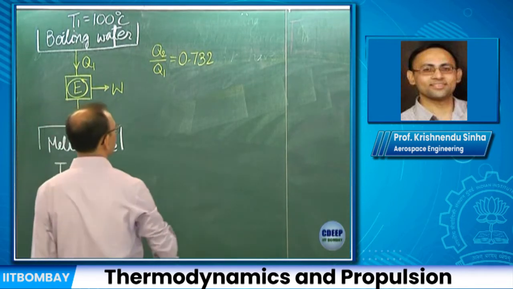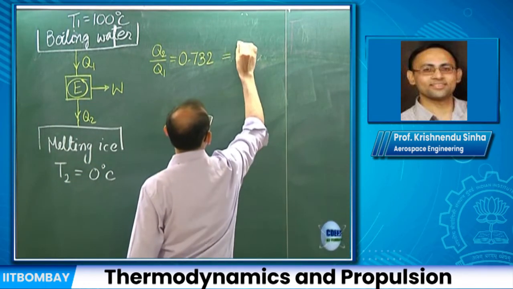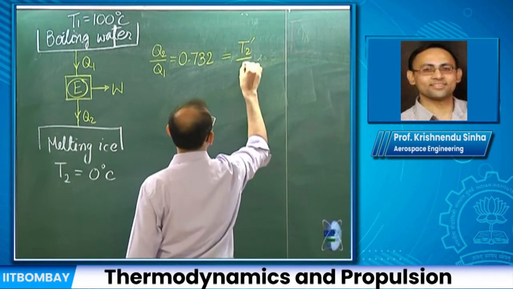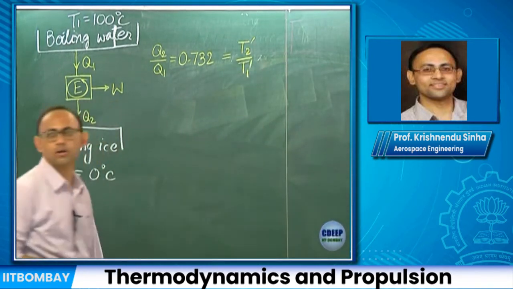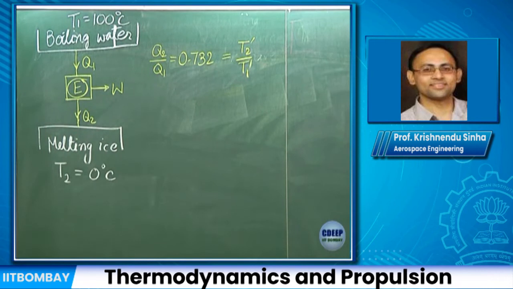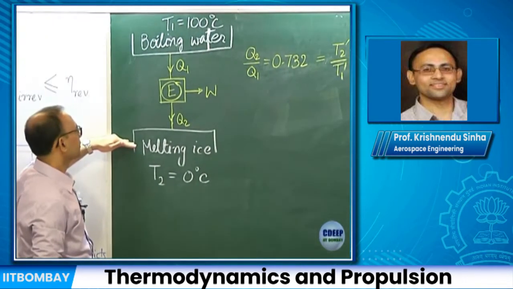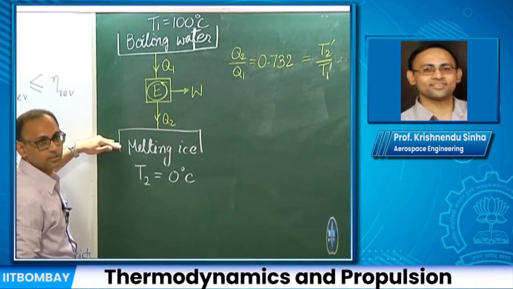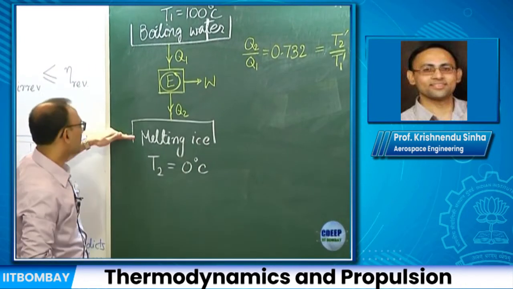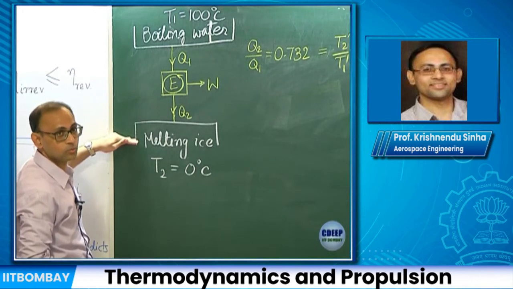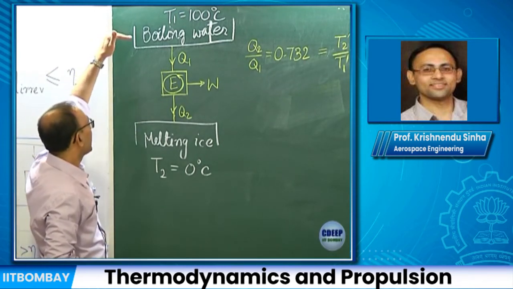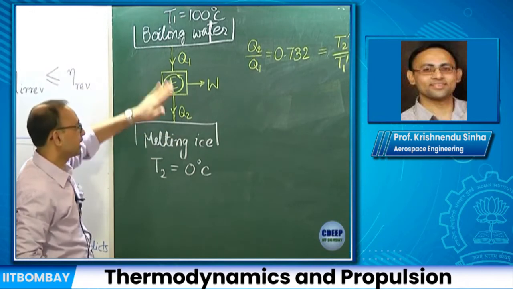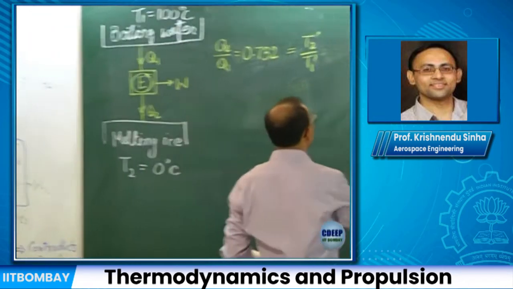And this is equal to T2 prime by T1 prime, whichever one you call it. That decides the ratio of the two temperatures. If these two are the fixed points on a new temperature scale, I would place a marker at the melting point of ice and another marker on my temperature scale. Let's put it this way.